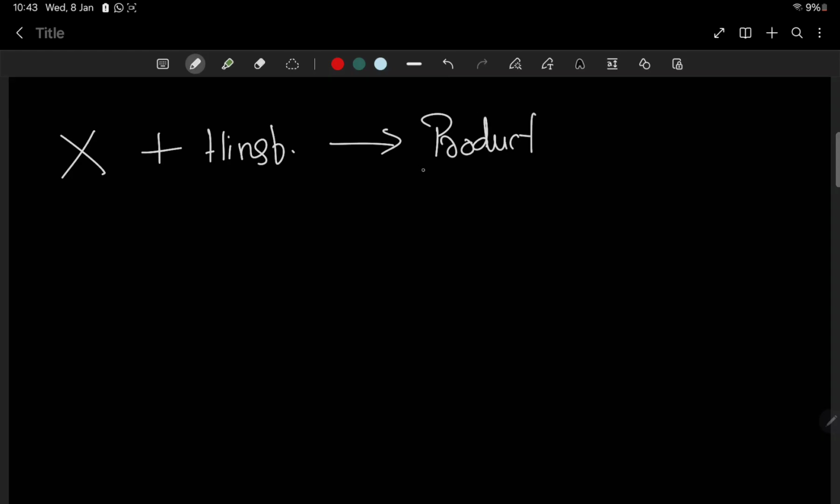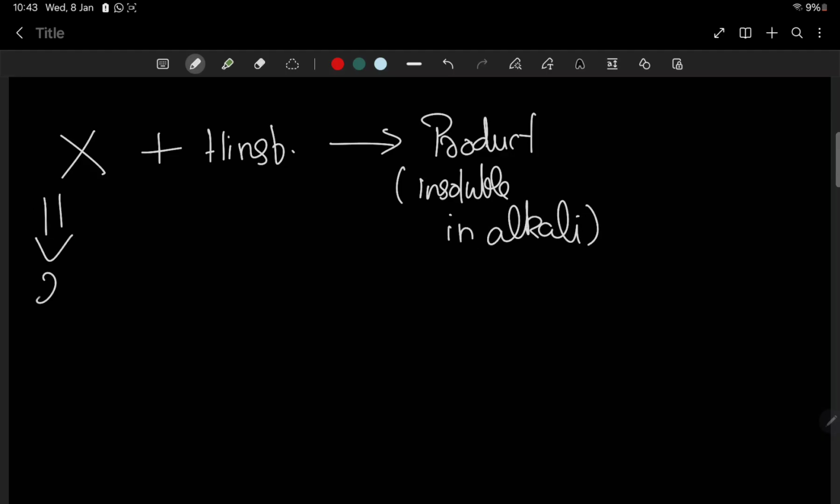So secondary amine. Now if I am taking some amine X, plus I am adding Hinsberg reagent, I am getting a product which is insoluble in alkali. What is this X?